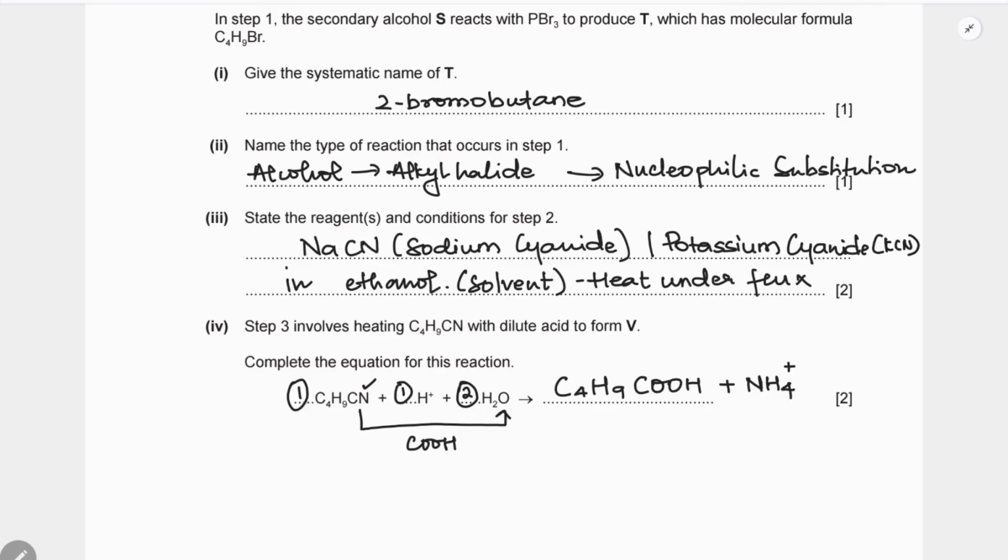And of course N is present, which means ammonia gas, NH3, is released. But over here we have H plus, so this will turn into NH4 plus, which is the ammonium ion. And then you can balance it out. Total 2 marks: 1 mark for this and another mark for balancing.